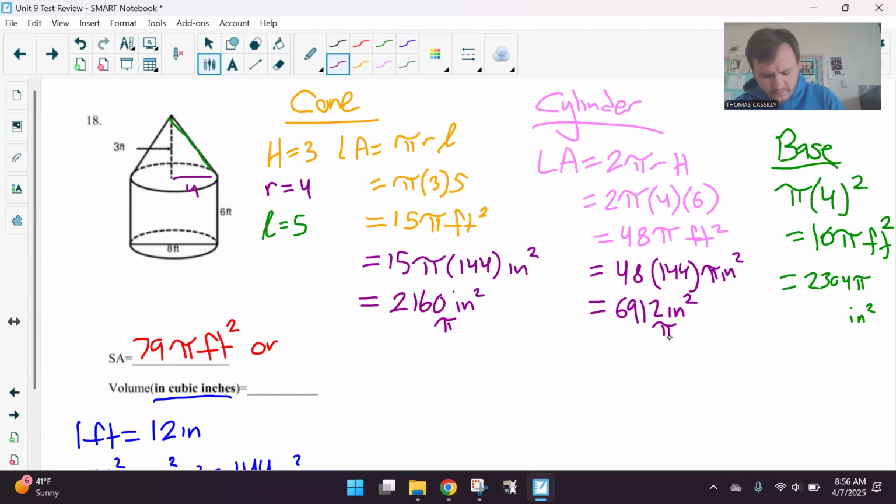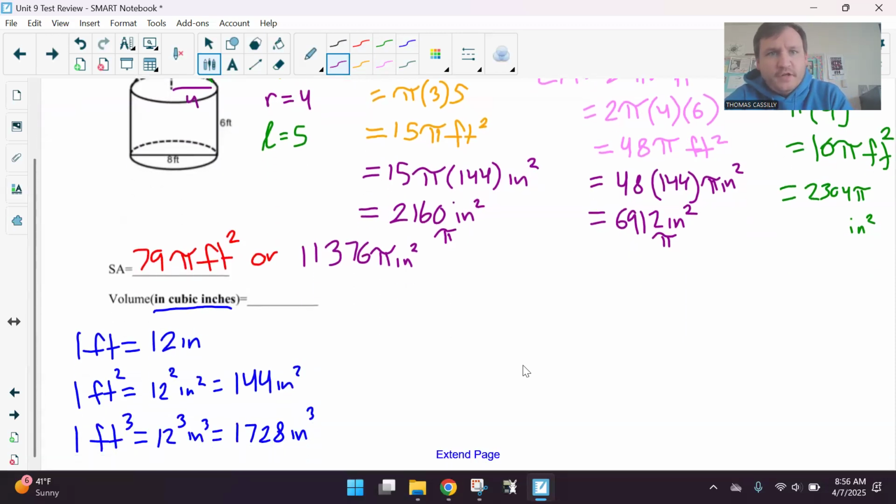So that's 2160 plus 6912 plus 2304. There you go. So that's the surface area in square feet or square inches.